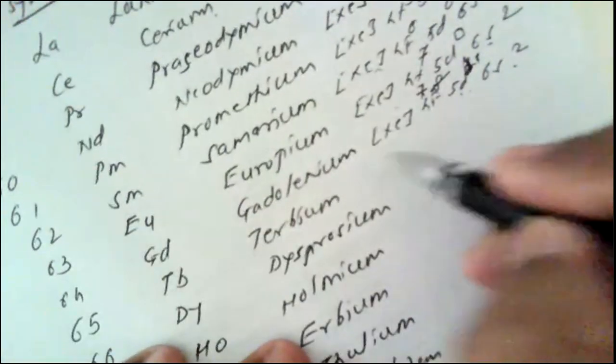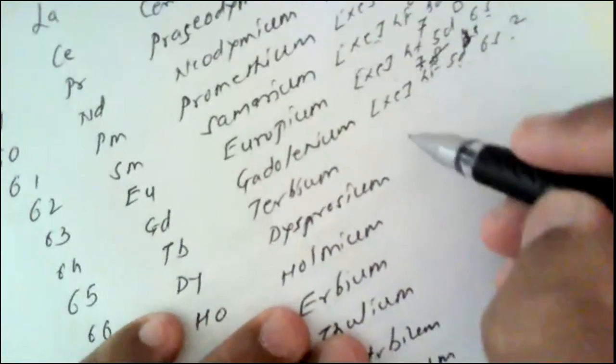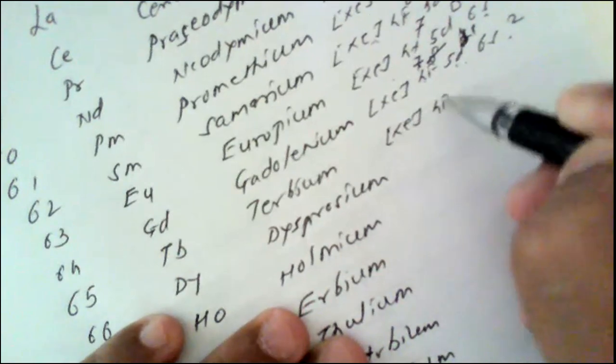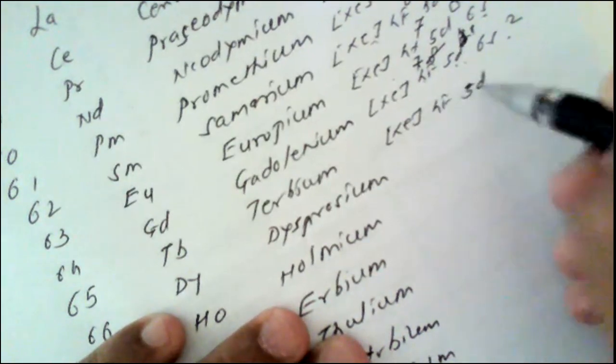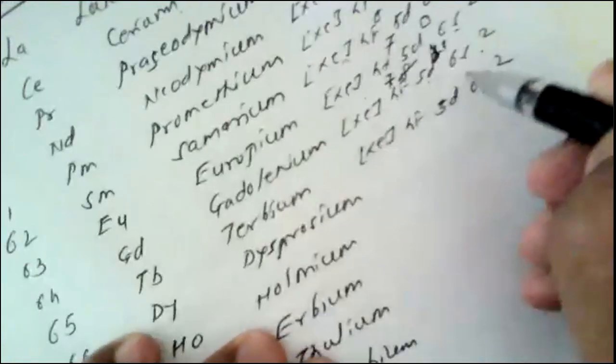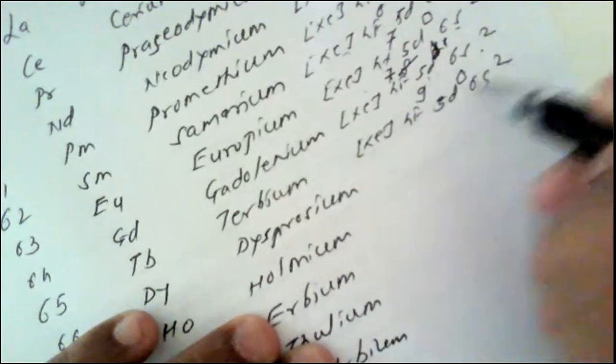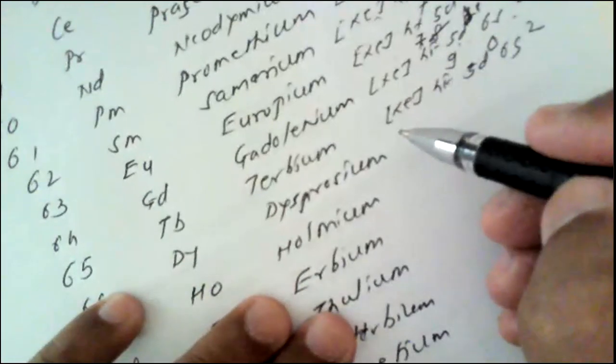Now come to terbium, atomic number 65, xenon 4f 5d 6s: 6s2 5d0 again and 4f9. So 56 plus 9 is 65.